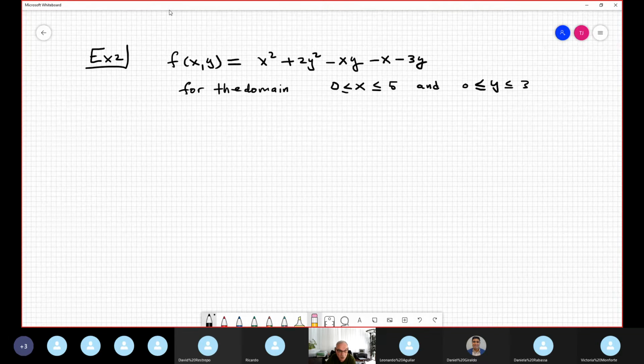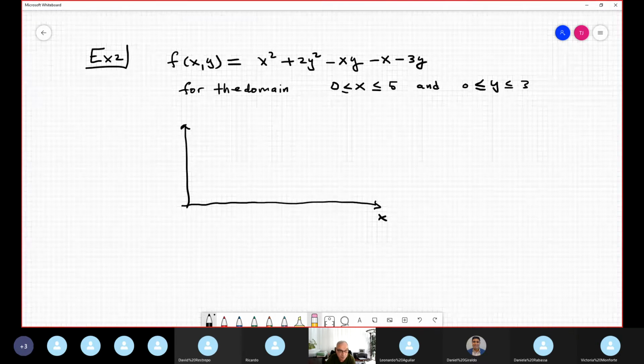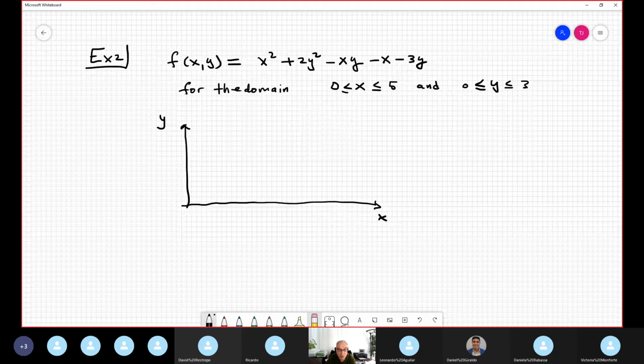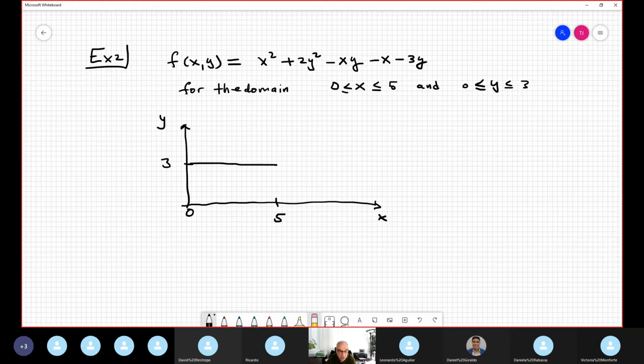Okay, so you want to make a graph of this. Let's do it. This is x, this is y. Our domain is 0 to 5, suppose 5 here, and 0 to 3, I suppose 3 here. This is our region.